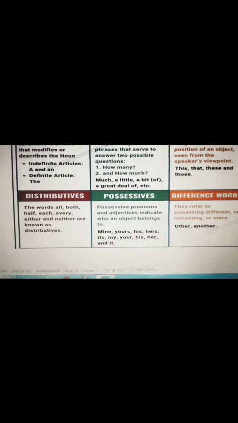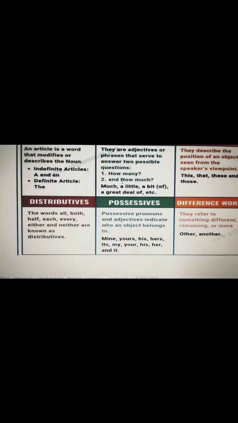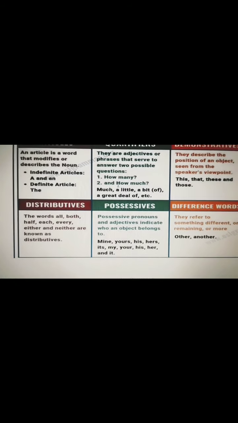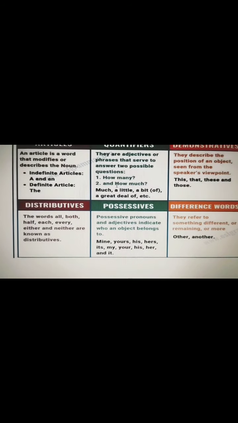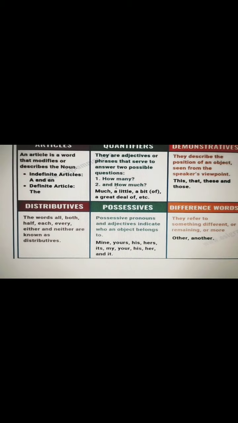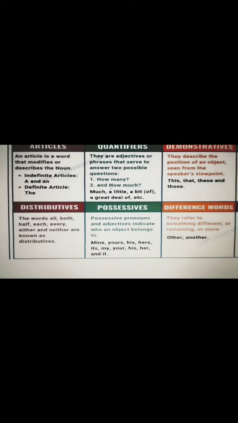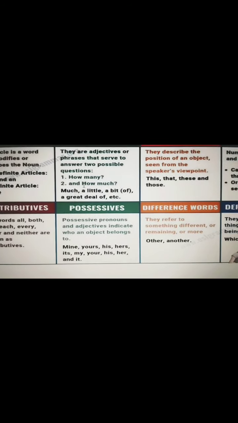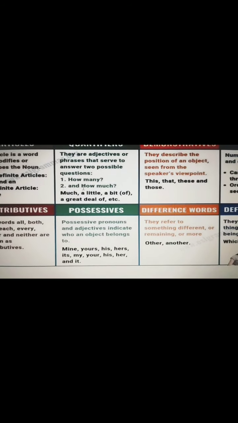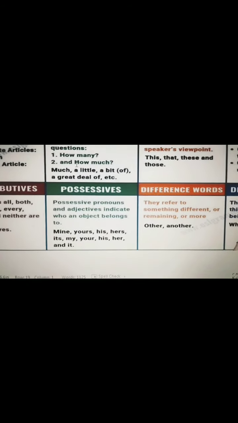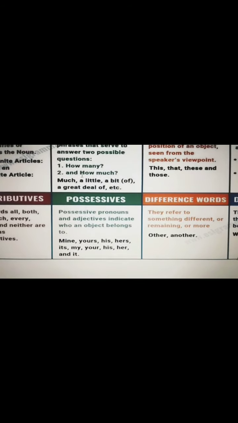Now the other type is the distributive one. The words like all, both, half, each, every, either, neither can be taken as distributives. Possessive pronouns and adjectives indicate who an object belongs to. So it can be mine, yours, his, hers, its, my, your.